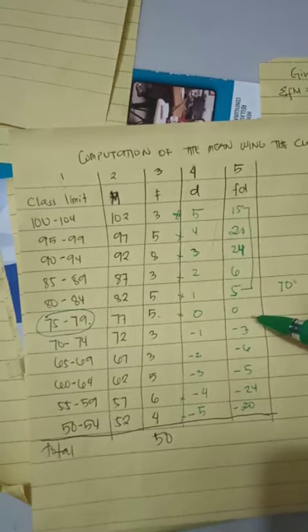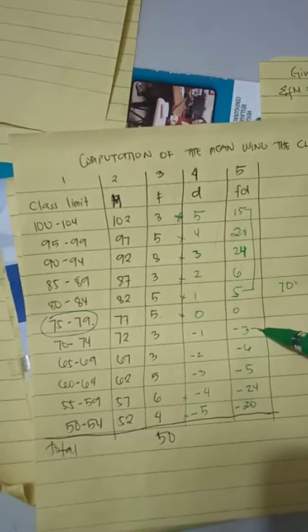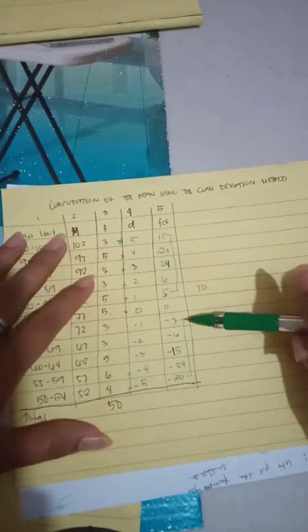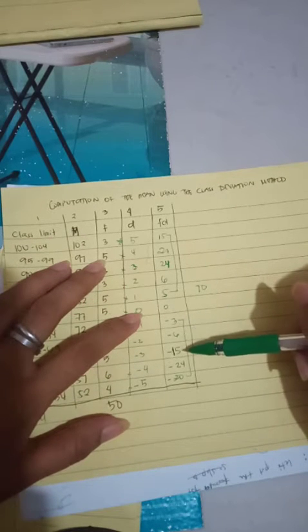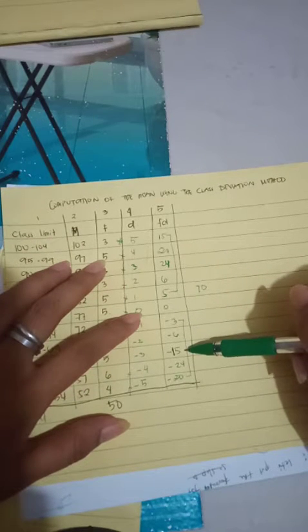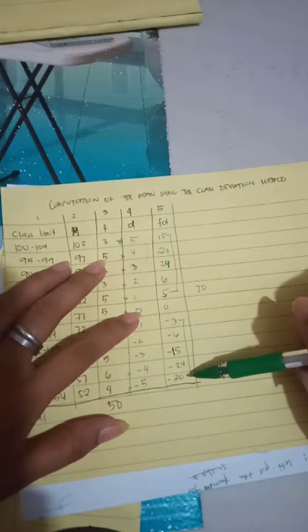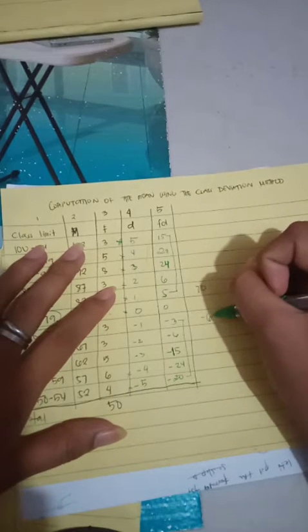And then we will add the values below 0. Negative 3 plus negative 6 plus negative 15 plus negative 24 plus negative 20 is equal to negative 68.